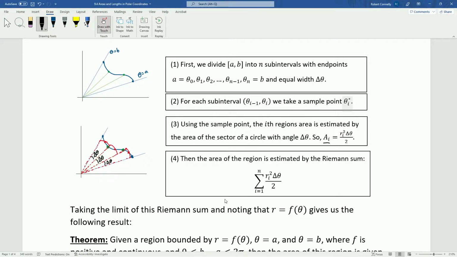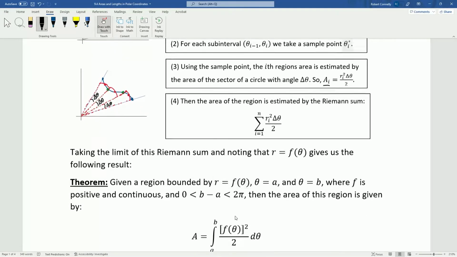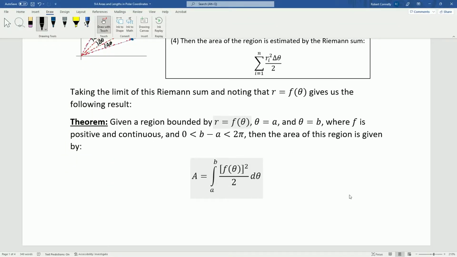So if we were to take an appropriate limit where we make the delta theta smaller and smaller, and we take more and more of these little wedges to approximate our area, then naturally you're going to get better and better approximations, and the limit is going to result in the actual area of the original region. So that gives us the following theorem.